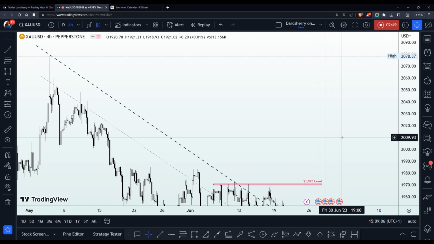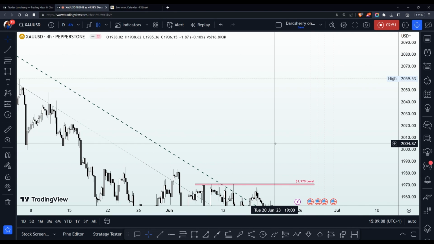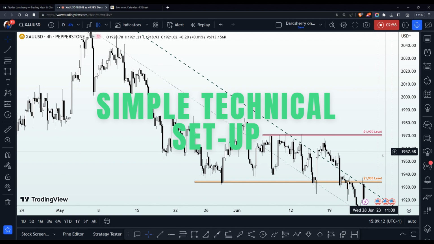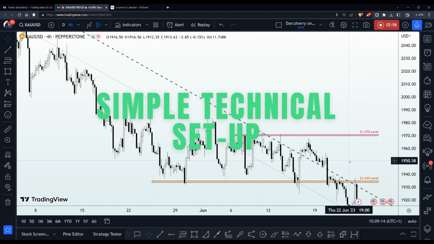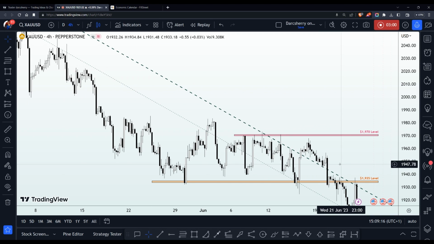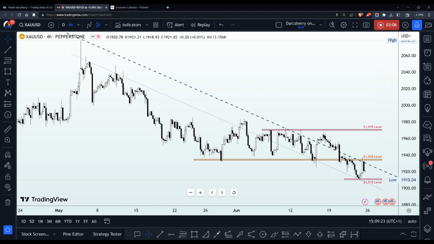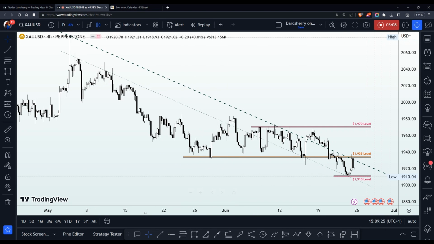Now, what are our expectations going into the new week? Well, I was able to identify a simple setup that I think we can use to guide our trading activity for this week. What I did here was to take into consideration the activity of price action since the beginning of the month of May.